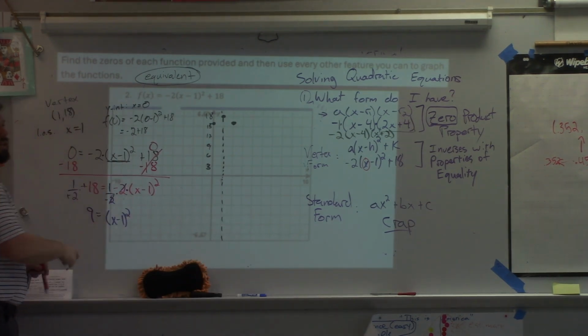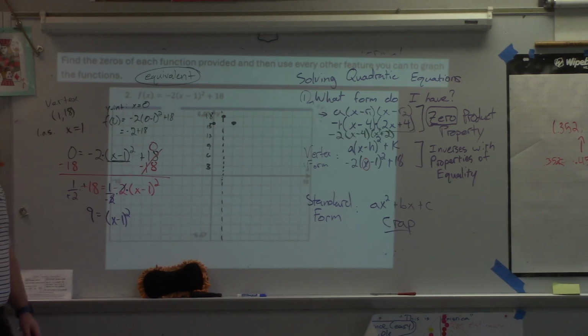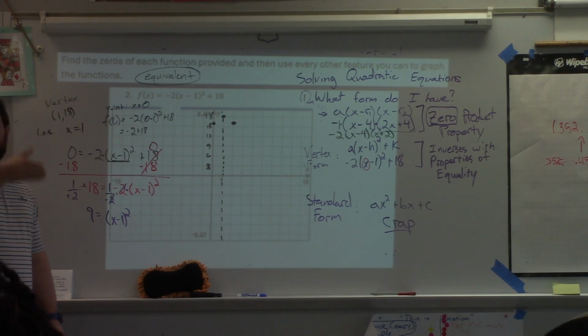Now, the question I think is going to end up answering almost everybody's question at this point is what to do here. So when I have x minus 1 squared, what's the inverse of that? Square root, right? All you have to do is recognize, hey, I got a square, I need to undo that square, I got to take a square root. Cool.